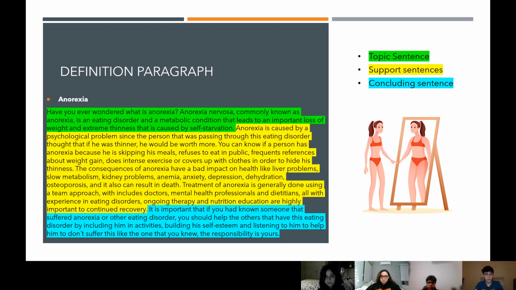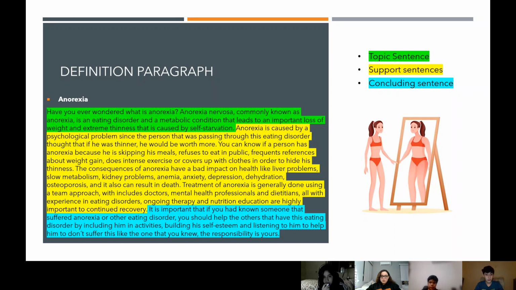You can know if a person has anorexia because he's skipping his meals, refuses to eat in public, makes frequent references about weight gain, does intense exercise or covers up with clothes in order to hide his thinness.